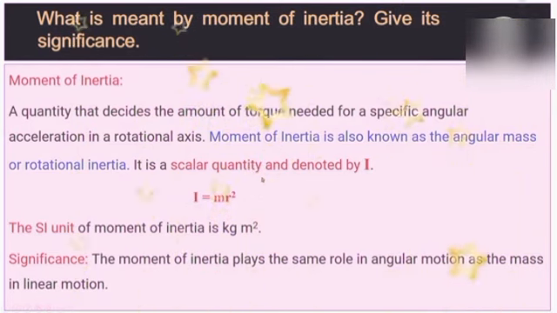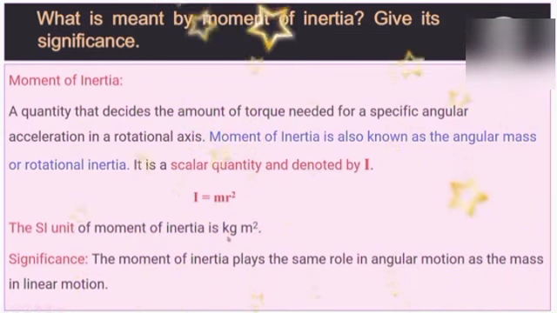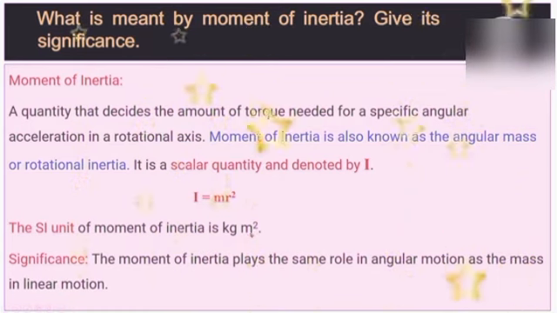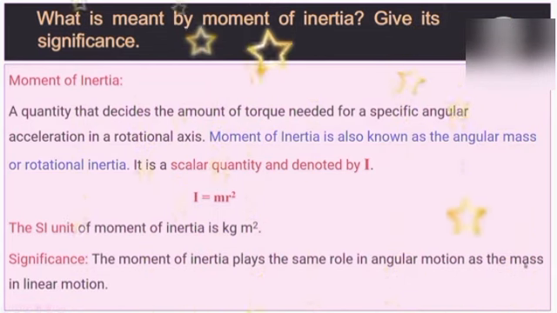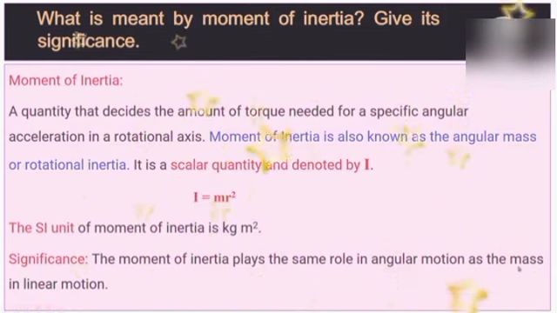It is a scalar quantity and it is denoted by I. Its formula is I is equal to m r square. The SI unit of moment of inertia is kilogram meter square. Significance. The moment of inertia plays the same role in angular motion as the mass in linear motion. जिस तरह linear motion में mass का किरदार है, इसी तरह moment of inertia का angular motion के अंदर किरदार होता है.